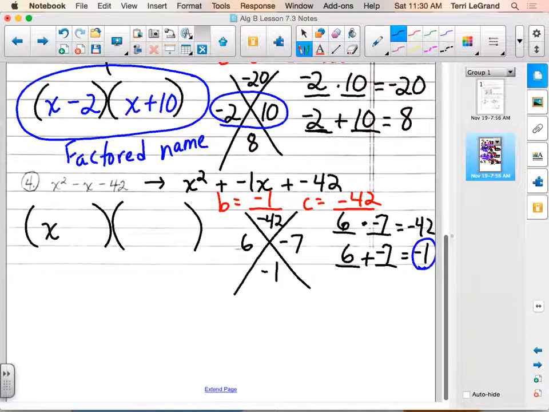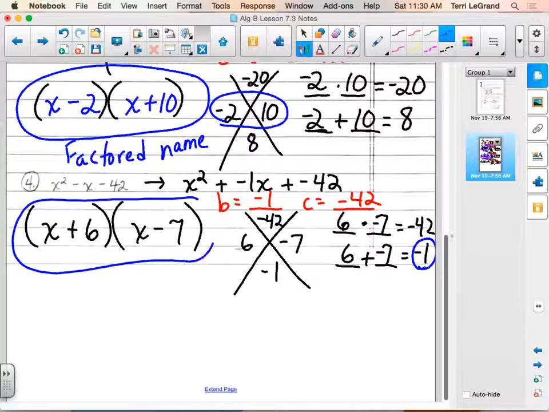It's a positive 6, a negative 7. There's the factor name that should FOIL out to get x squared minus x minus 42.